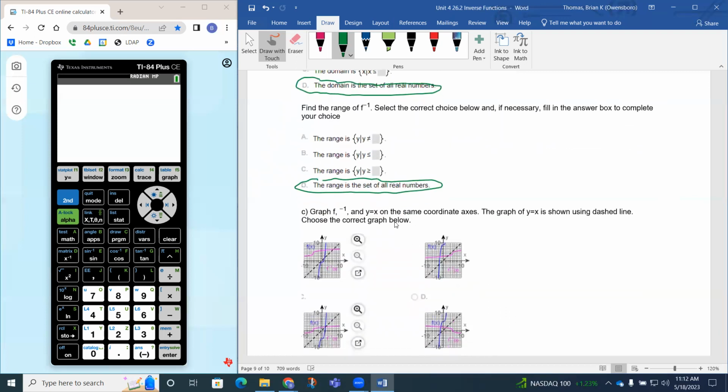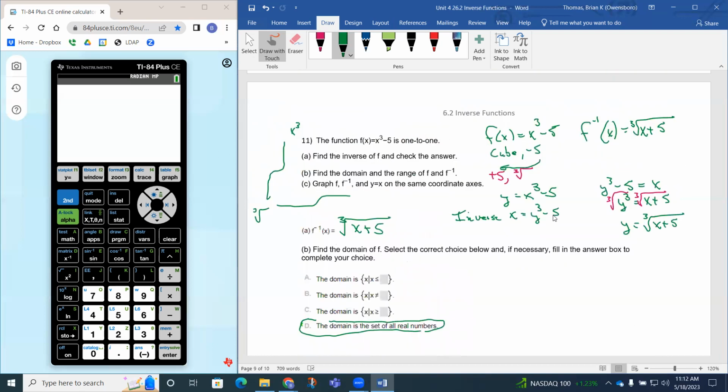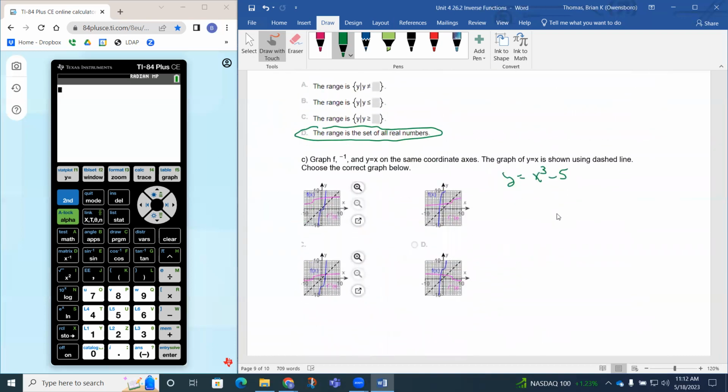So again, to graph this, let's look at y equals x cubed minus 5 to start with. Remember, it's a snake.